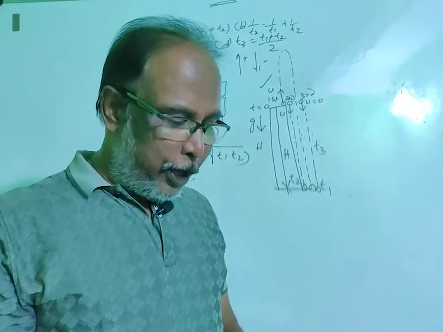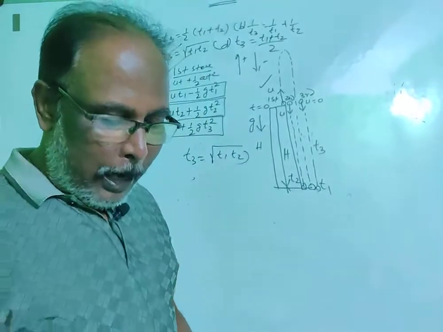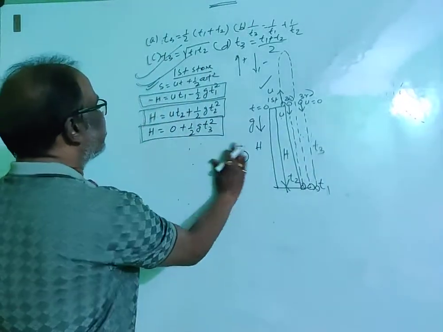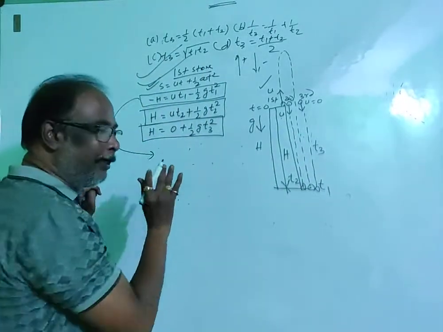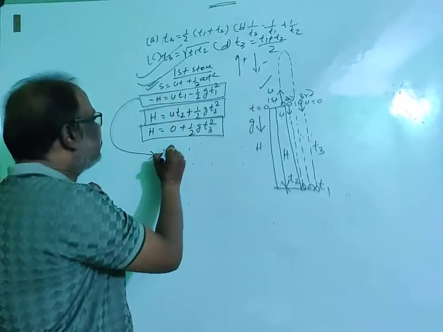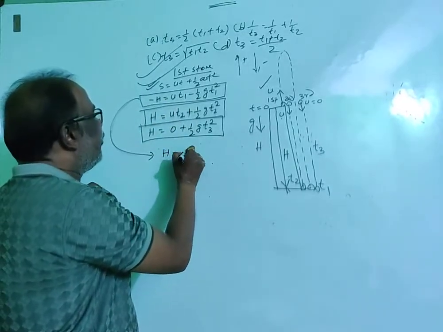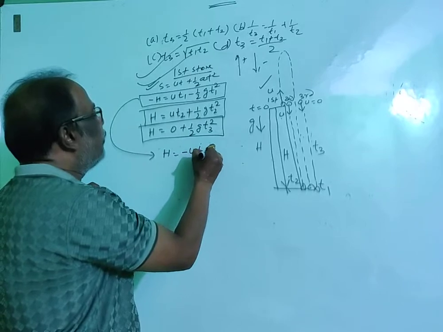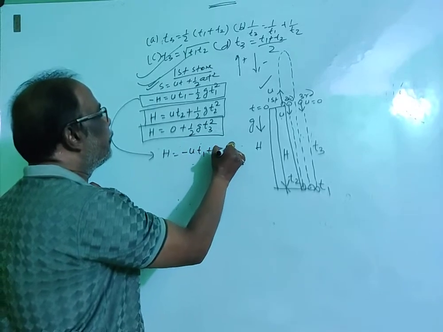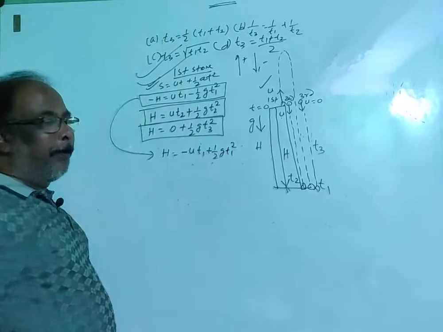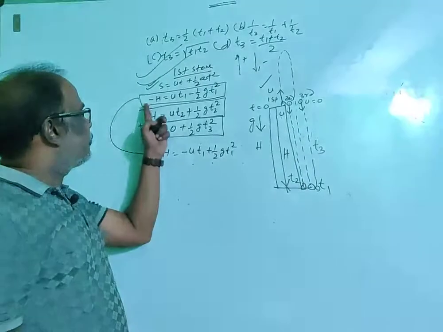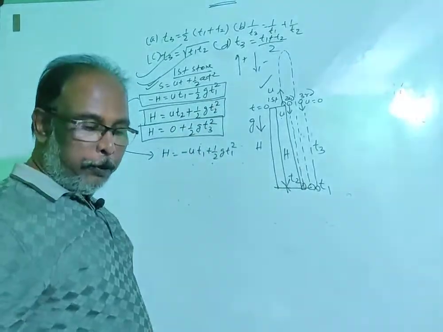So I have used 3 equations. Okay. And for the first stone, if you feel difficult, h is equal to minus ut1 plus half g t1 square. Just multiply the negative sign on both sides.